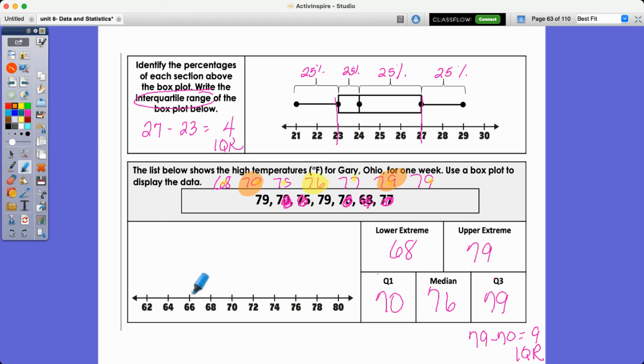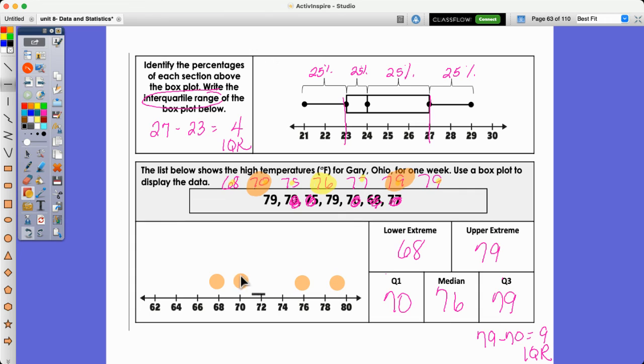Okay, now we have to draw our box plot. So I put a dot at 68. That was kind of a lousy 68, hold on, make it a little bit bigger. Okay, 68, 79, 70, 76, and 79. This is kind of going to be a funny looking box plot, because when we draw this, we're going to see something weird.